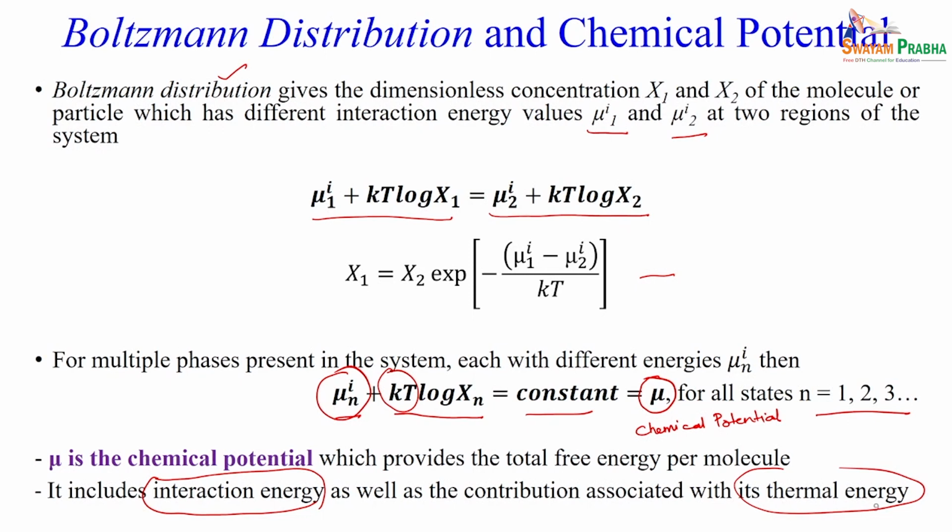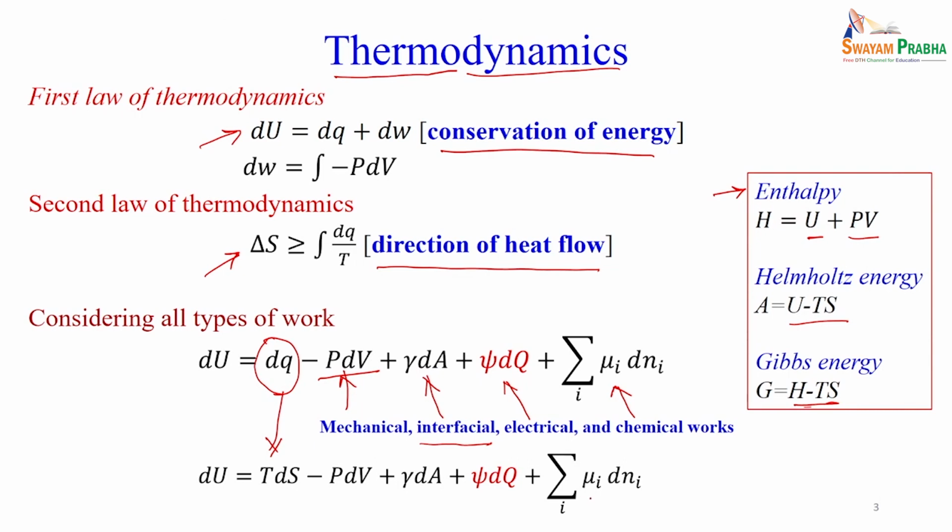And if you remember the very basics, the review of thermodynamics, chemical potential you can define as a partial molar function at constant S, constant V, constant N. So in this way, total energy per molecule, or you can say the partial molar energy, the same thing you can write in terms of G, in terms of A, in terms of H as well.